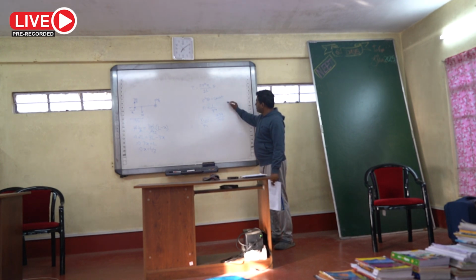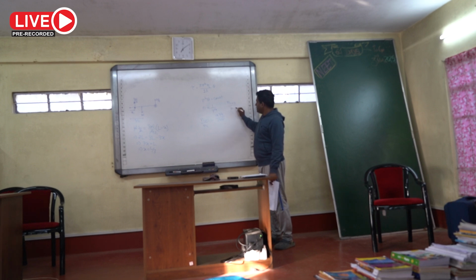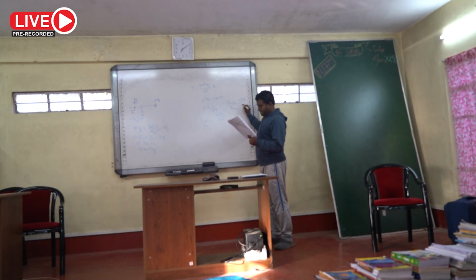Then calculate also this one, Ni plus 2 by Ni plus 1, that is 2358 by 1834.